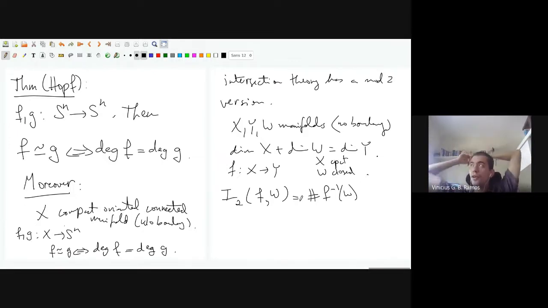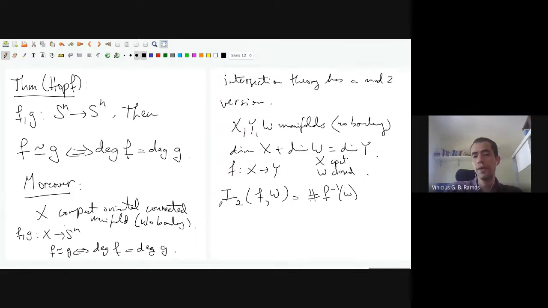In the orientable world, the compact one manifold has a boundary which is an even number of points with opposite signs. So I have the same number of points with a plus and with a minus. But if you don't have orientability, you don't have these signs, but you still have an even number of points. So mod 2, you still have 0 points.